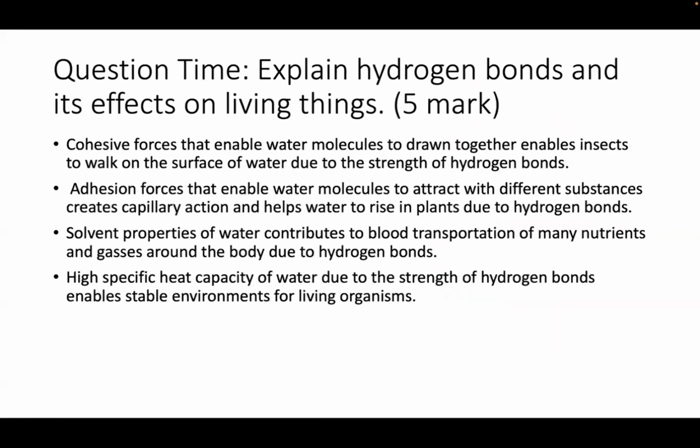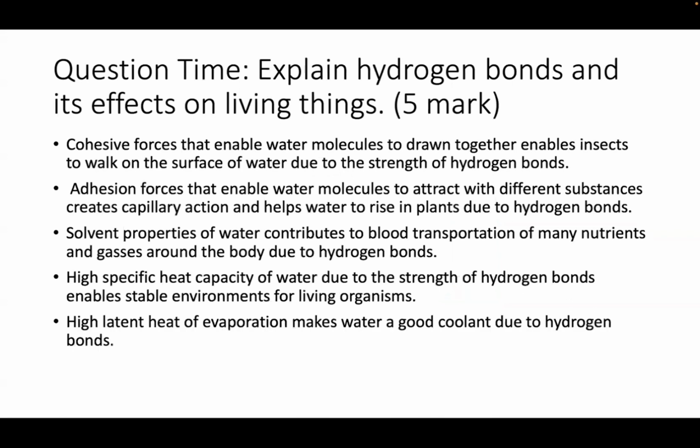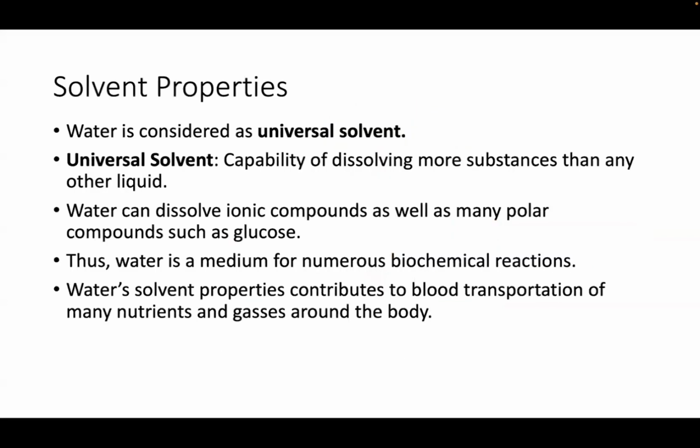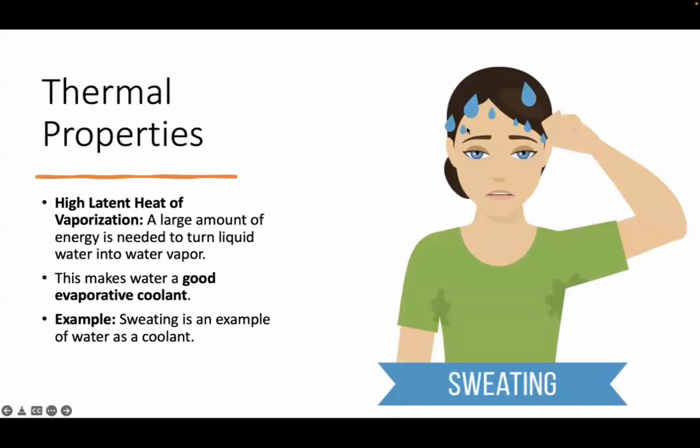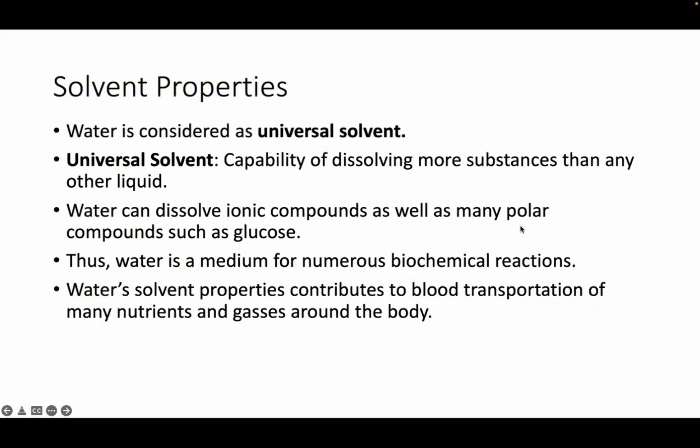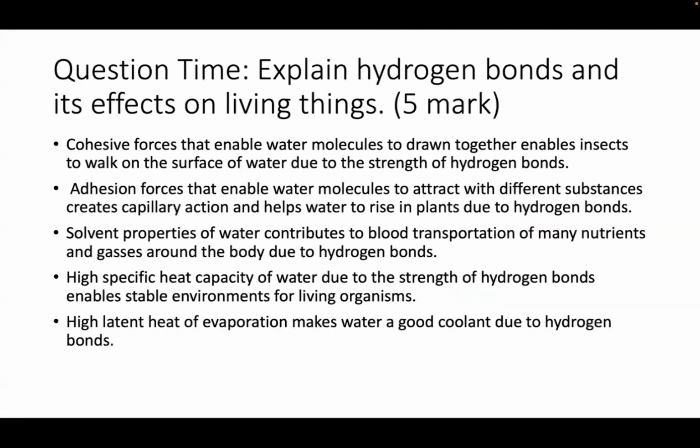And lastly, we talked about the high latent heat of evaporation, as you can see here, sweating. Water is a good evaporative coolant. High latent heat of evaporation makes water a good coolant due to hydrogen bonds.